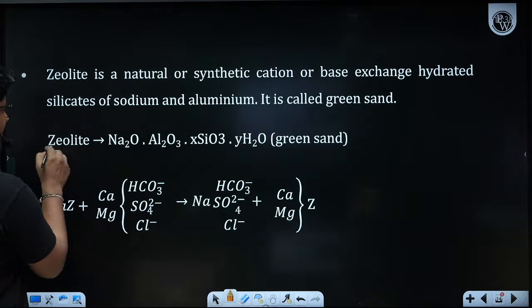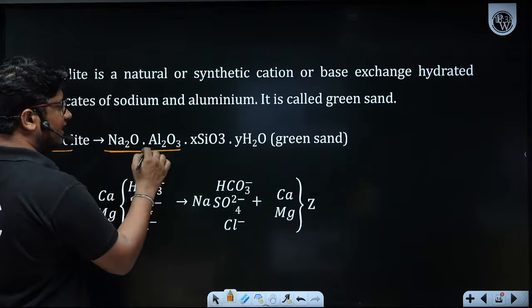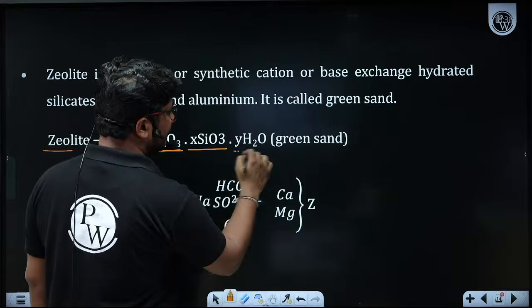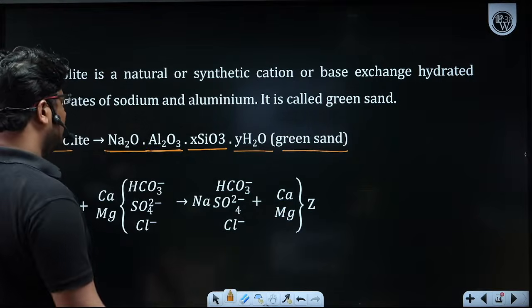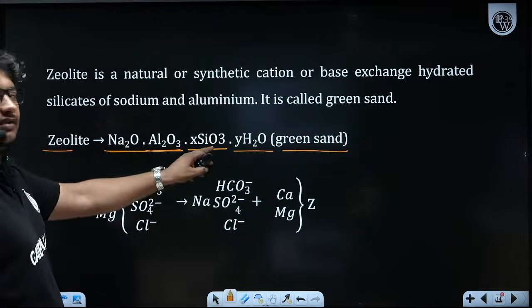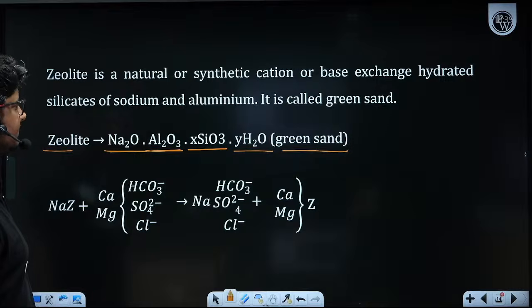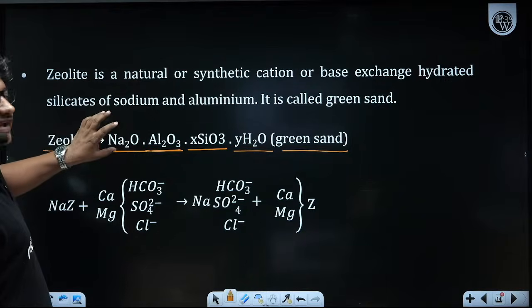This is the zeolite bed reaction, chemical formula I will say: Na2O, Al2O3, SiO3. In a single word we call it green sand, but it is basically sodium, alumina and silica. This is what we call zeolite.